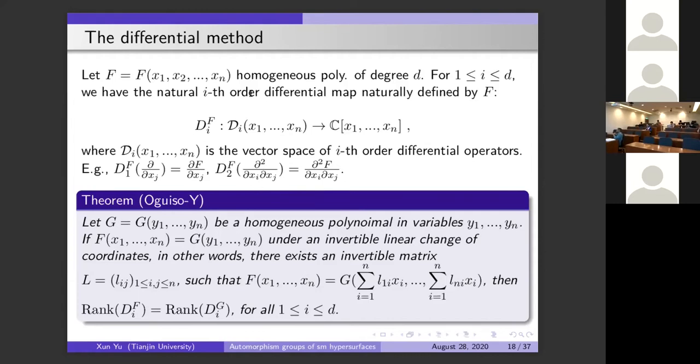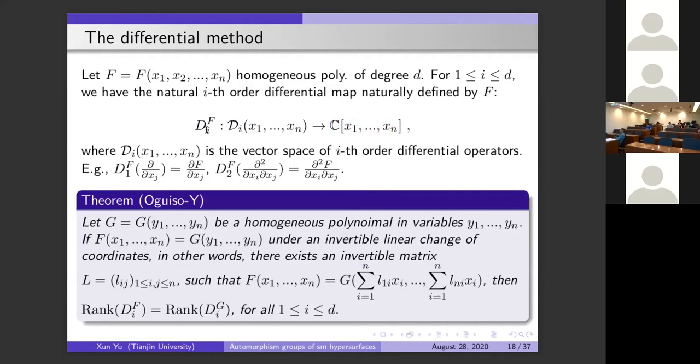Let me explain the notation a little. Suppose F is a polynomial of degree d, and naturally you have the following evaluation map. This one is the vector space of s-th order differential operators, like taking partials, and the domain is just the polynomial ring.